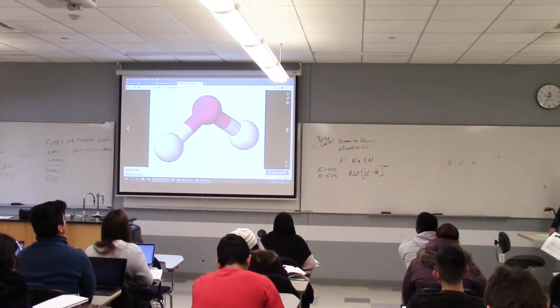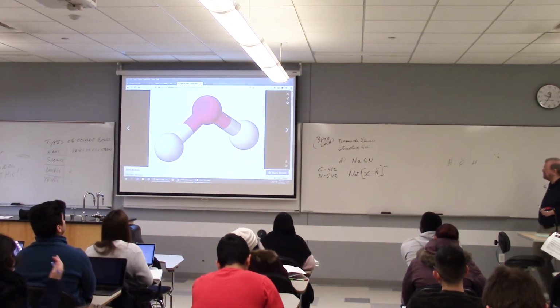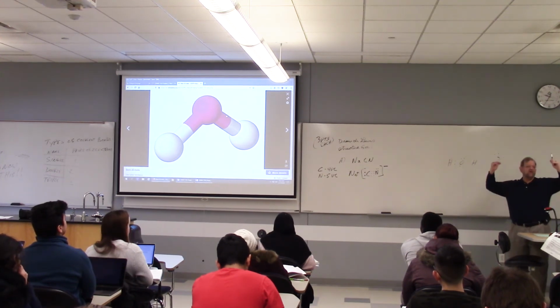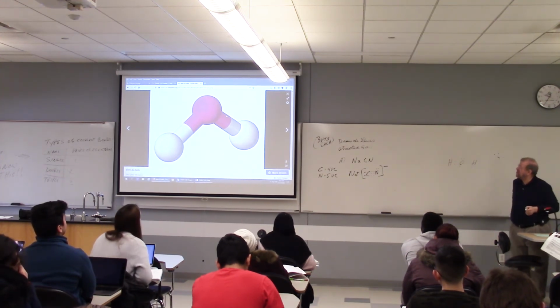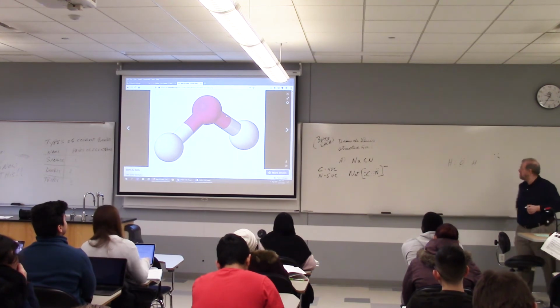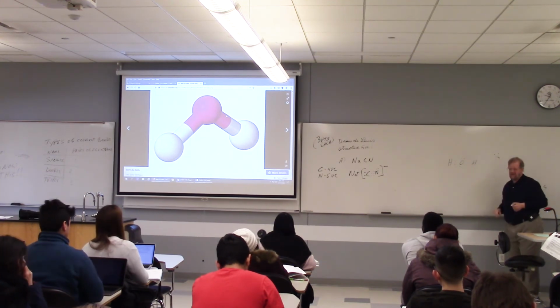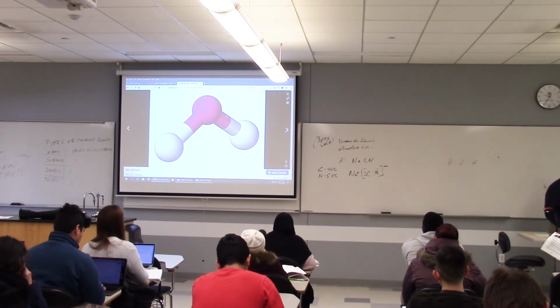If you think of the oxygen in the center and the hydrogens, the white balls, that's the only shape where the electrons are far apart, including the non-bonding electrons.